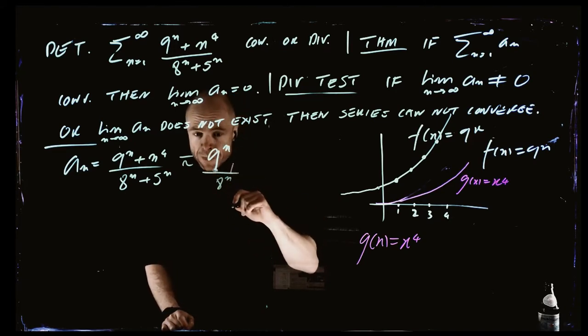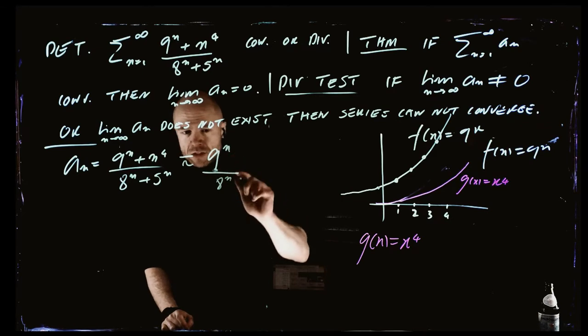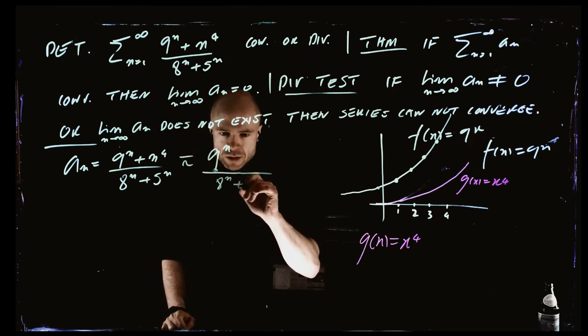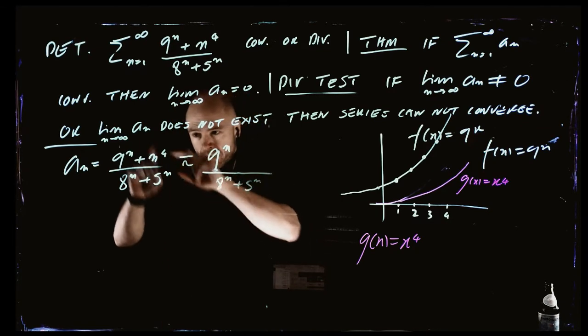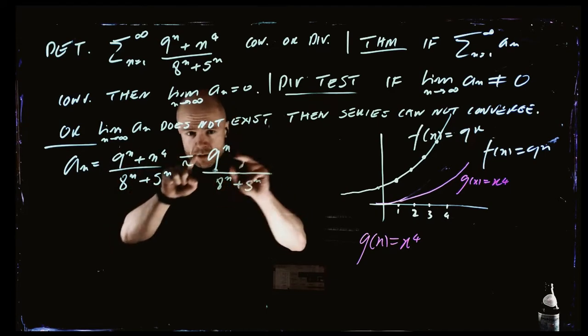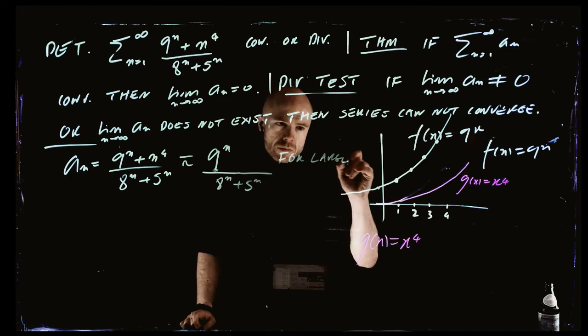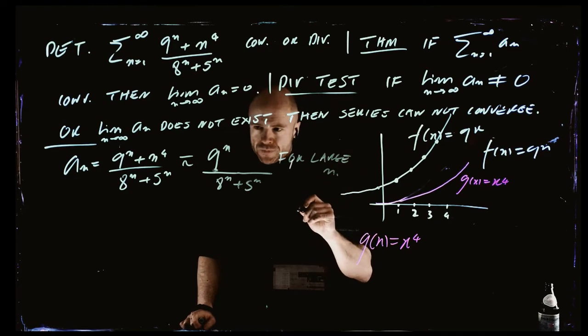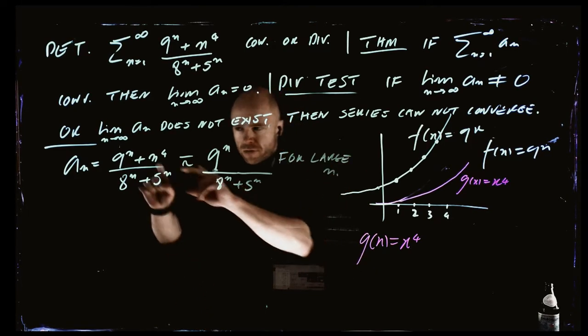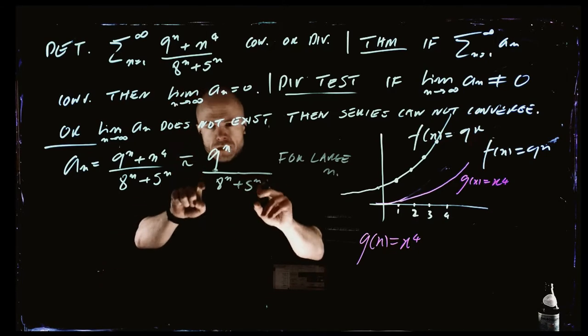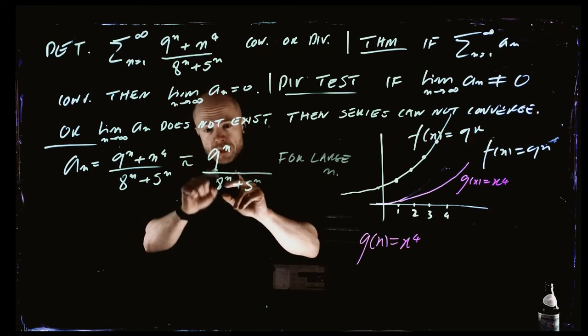Let me write it like this because this is really true. This is really close to this for large n, because all we've done is drop this thing, which is negligible. So if we just look at this, 9 to the n is obviously bigger than 8 to the n.